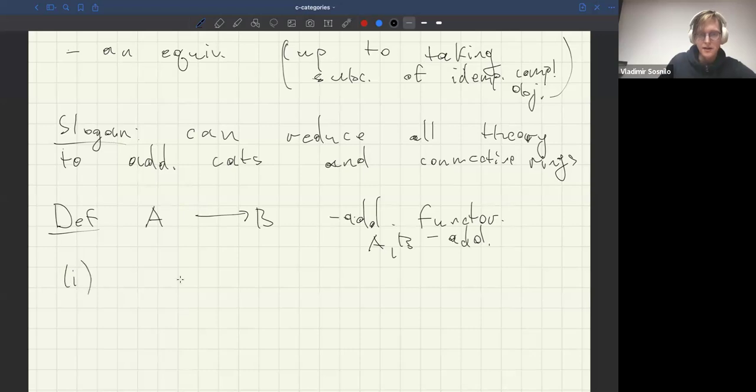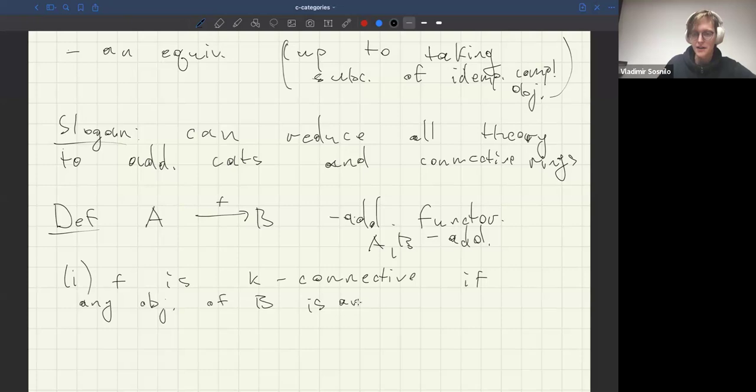We say that F is K connective if any object of B is a retract of F of something, and the map on mapping spaces is K connective.